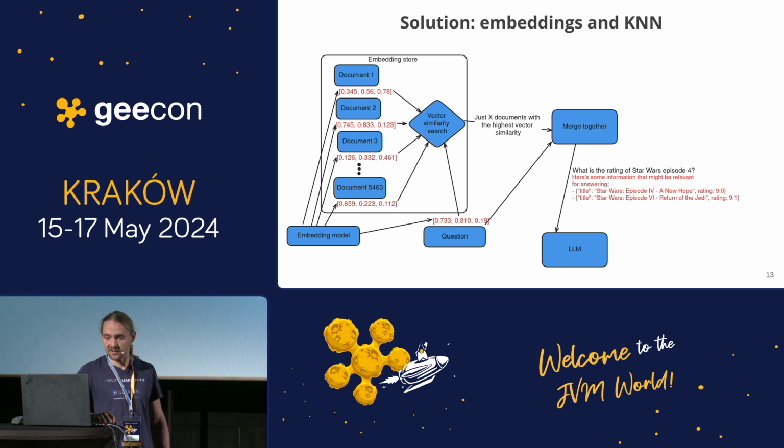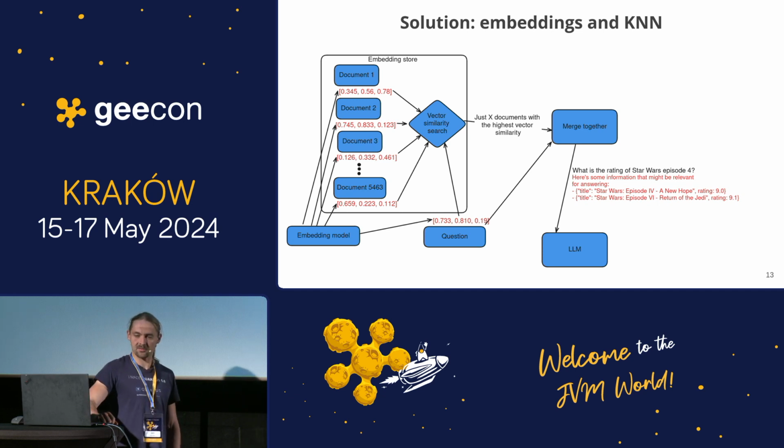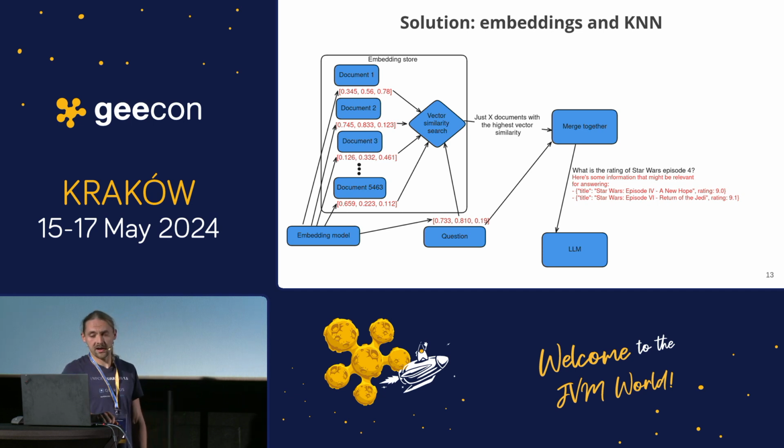I will just quickly explain because I assume you are already kind of familiar with that. You take an embedding model, which is something that takes a text segment and maps that to an n-dimensional vector, meaning coordinates in an n-dimensional space, in a way that documents that are semantically similar will have a very similar vector with low vector distance between them.